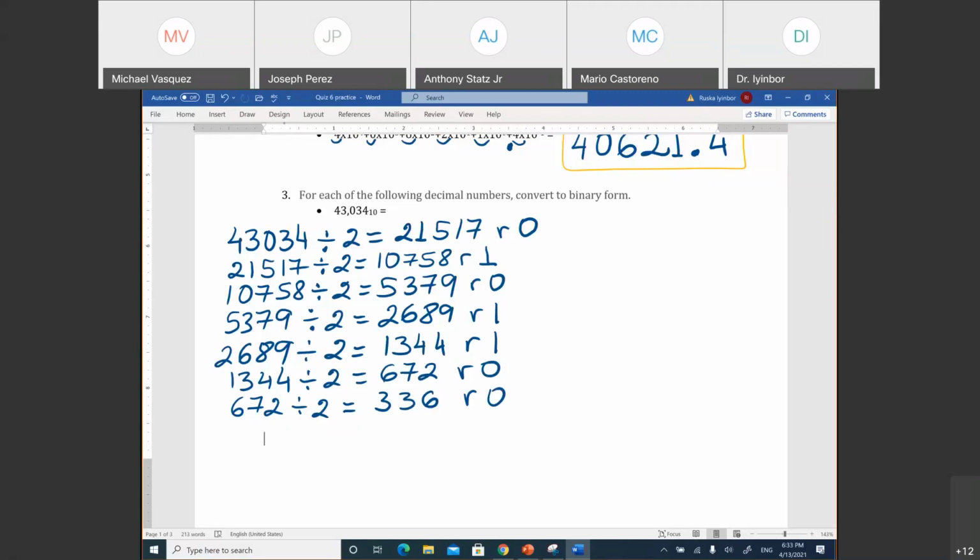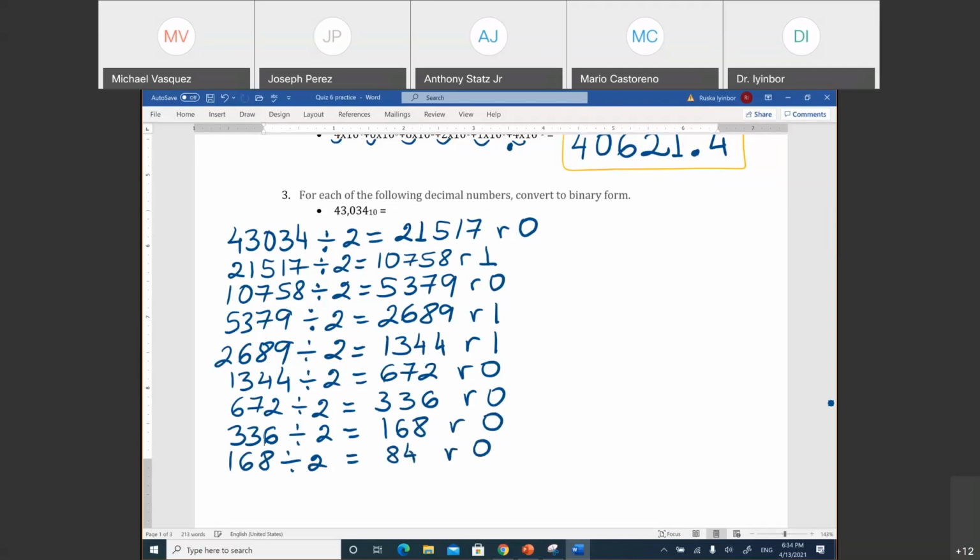Okay, let me double check. 336 divided by 2 is 168, remainder 0 again. 168 divided by 2 is 84, remainder 0.